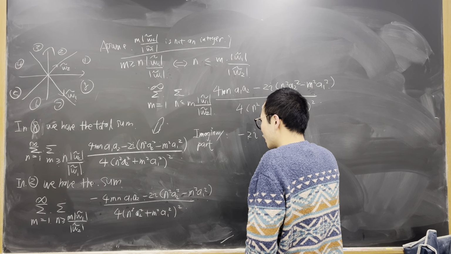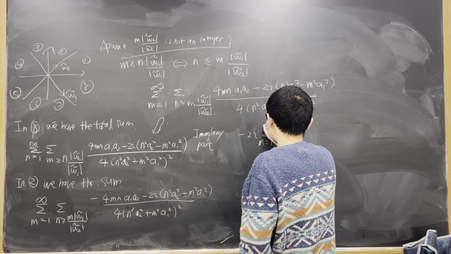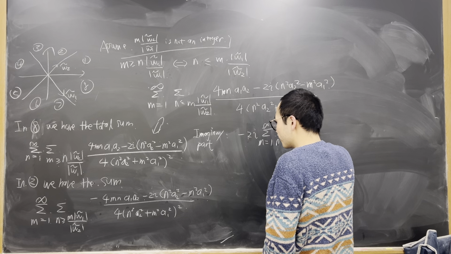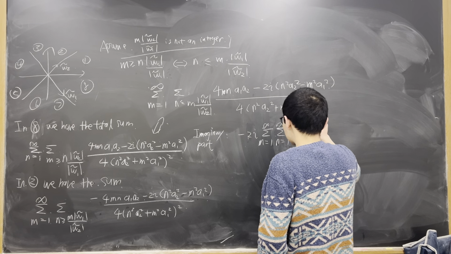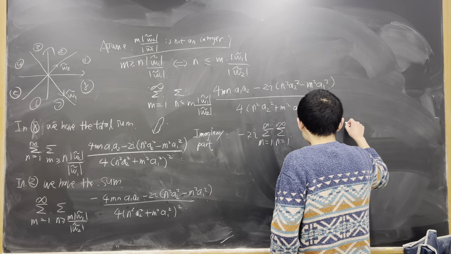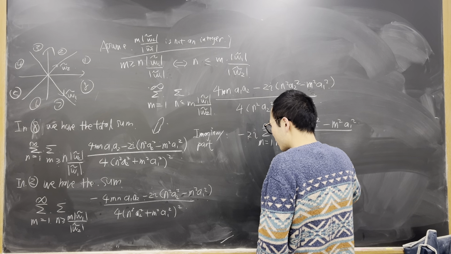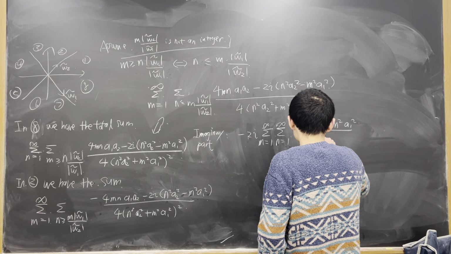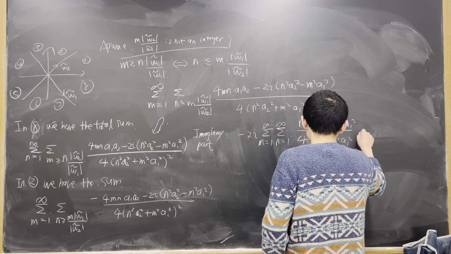So this is n from 1 to infinity, m from 1 to infinity of n squared a2 squared minus m squared a1 squared over 4 times n squared a2 squared plus n squared a1 squared.